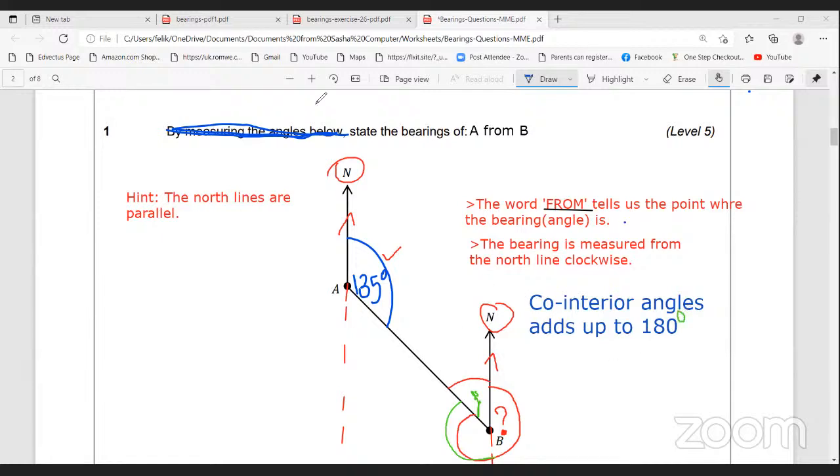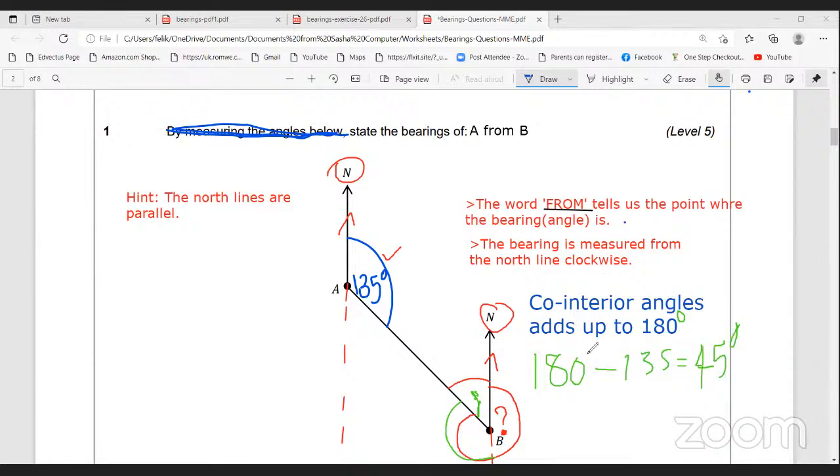I know that the 135 here and this angle here are co-interior, so they add up to 180 degrees. If that one is 135, I'm just going to say 180 minus 135, and that gives me 45 degrees.